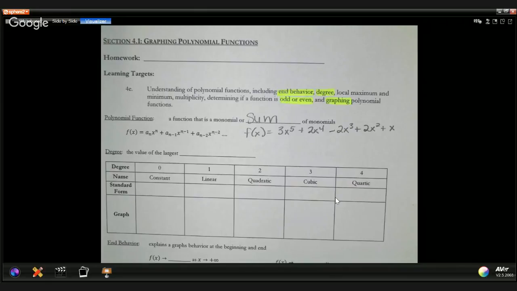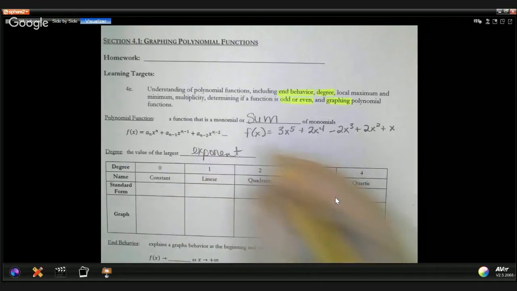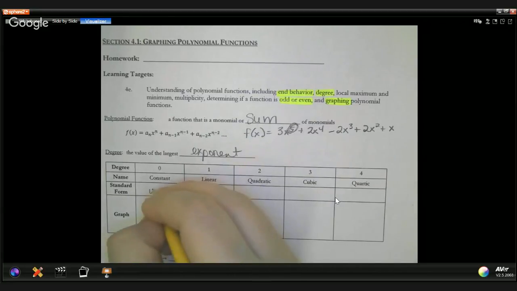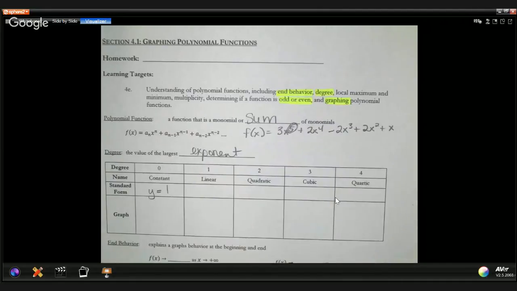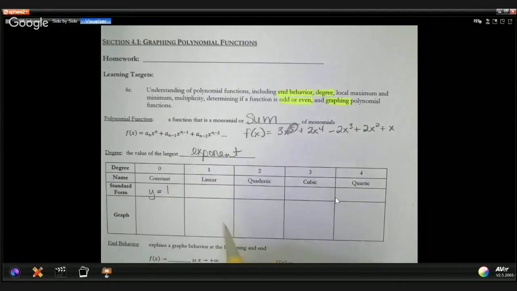Okay? The degree of a polynomial is the value of the largest exponent. So this problem here is degree 5, because that's my largest exponent. When we have something in degree 0, it would just be y equals 1, because anything raised to the 0 power is just 1.